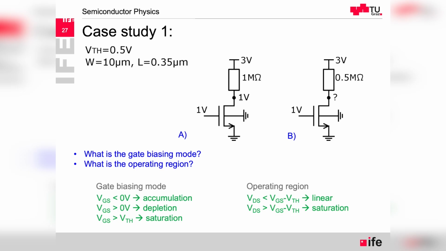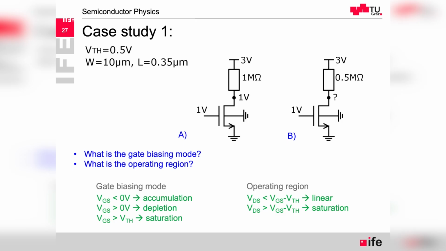If the source and bulk are connected together, we talk simply about gate to source voltage. And for the operating condition, similarly to what we were already discussing, drain to source, whether it's greater or smaller than the difference between gate source and threshold voltage.